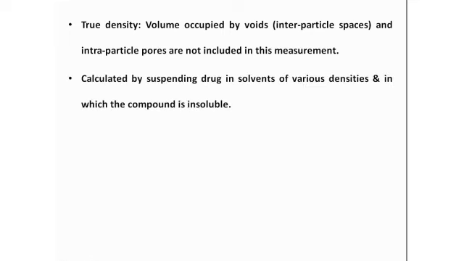Now it is calculated generally by suspending the drug, that is the powdered drug, in a solvent of various densities. The drug particle will be suspended in solvents with different densities, but the important thing is that the drug particles should not be soluble in that solvent, right?